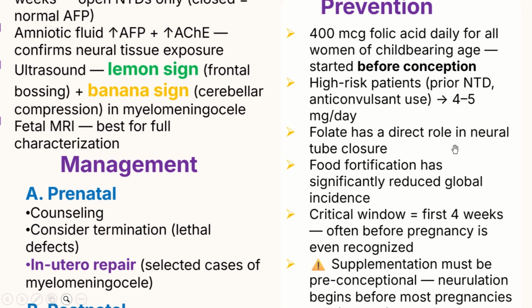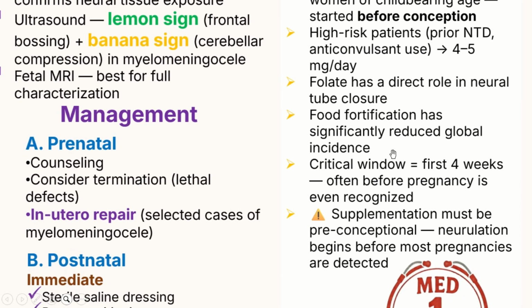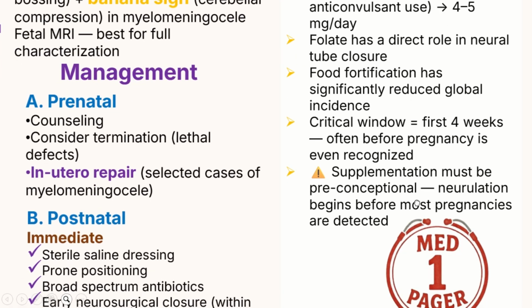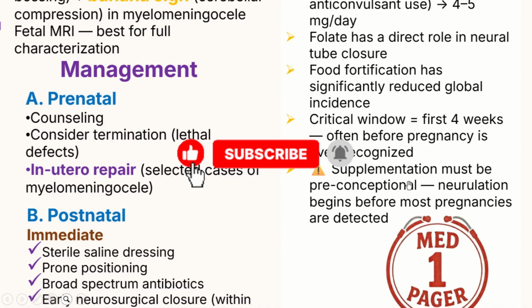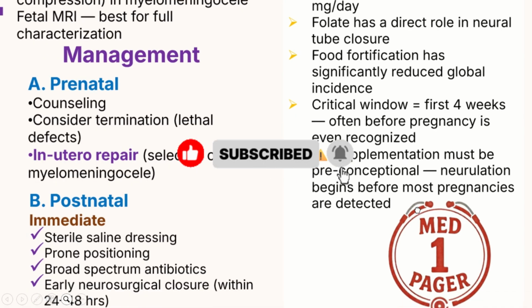Folate has a direct role in neural tube closure. Food fortification has reduced the incidence, where folate is now added to food. Then the critical window is the first 4 weeks of pregnancy, even before the pregnancy is recognized. Therefore, supplementation must be preconceptional, before neurulation begins.